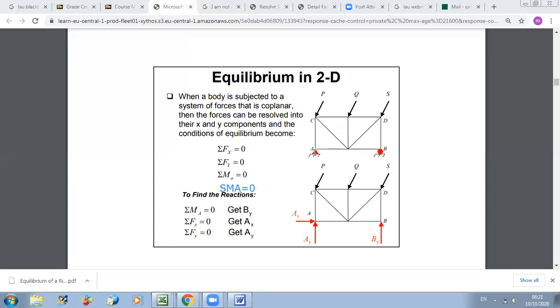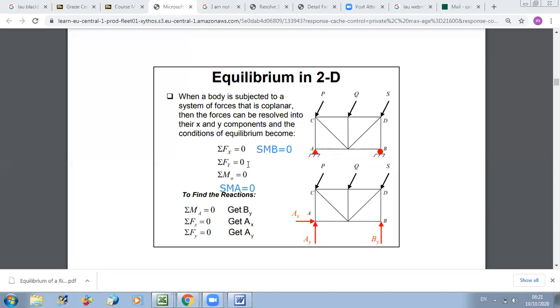Now, what I want to tell you is that you can replace a sum of force equation by a sum of moment equation. It's not wrong. For example, in this figure, instead of sum of x, I can do sum of moment about B equals 0. So your 3 equations become sum of moment about A equals 0, sum of moment about B equals 0, and sum of y equals 0.